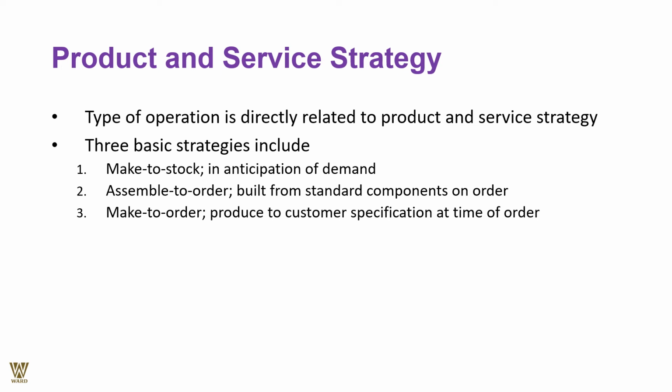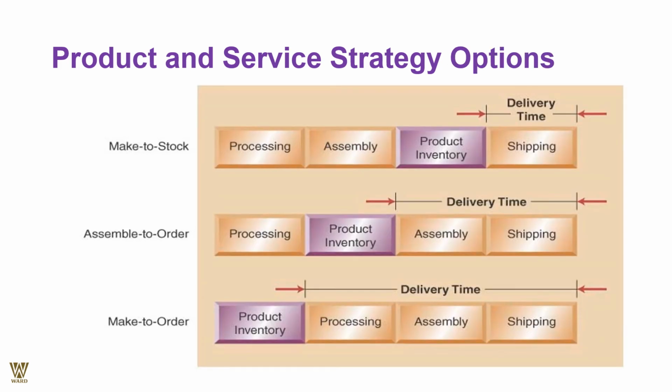Assemble to order, built from standard components, we are in between. We are not sure about it, but at the same time we should be ready if there are heavy orders. We should be ready for efficient services. Make to order, on the other hand, is produced to the customer specification. So the delight factor is that it has been completely to the taste of the customer.